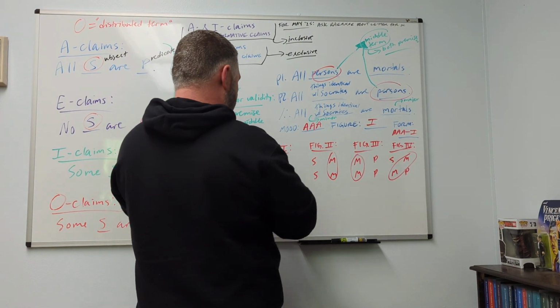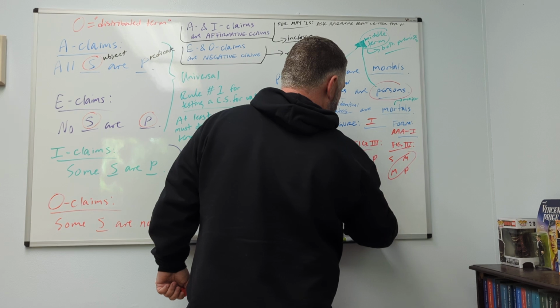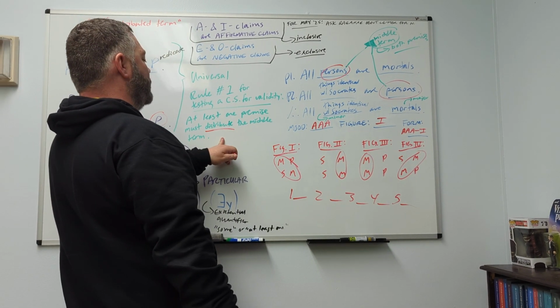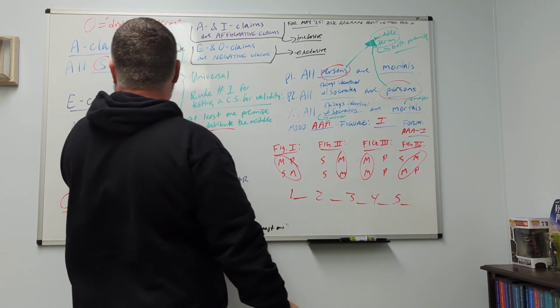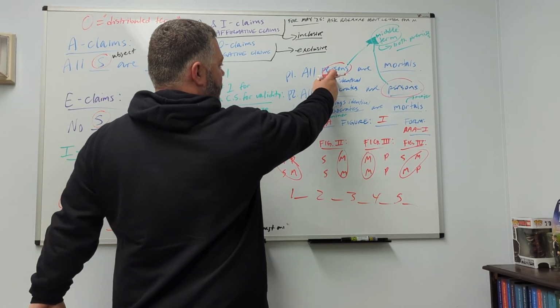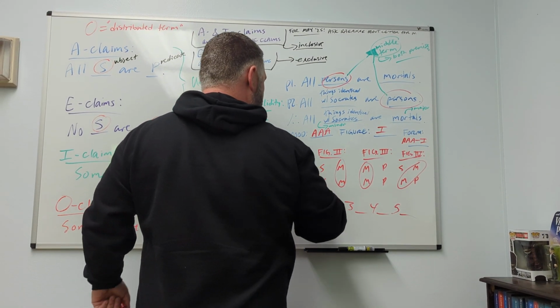That means, right, there are 5 rules for testing a categorical syllogism for validity. Rule 1: at least one premise must distribute the middle term. We've got all A claims. Subject terms are distributed in an A claim. Persons is our middle term. It's distributed right here in premise 1. We pass rule 1.